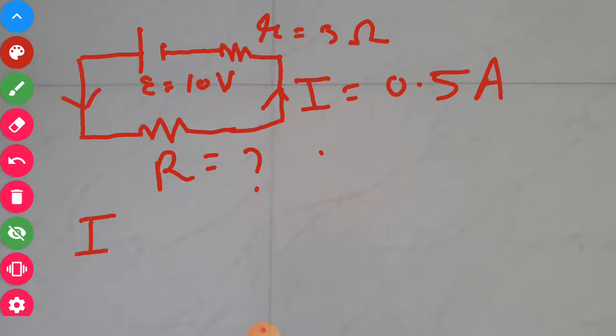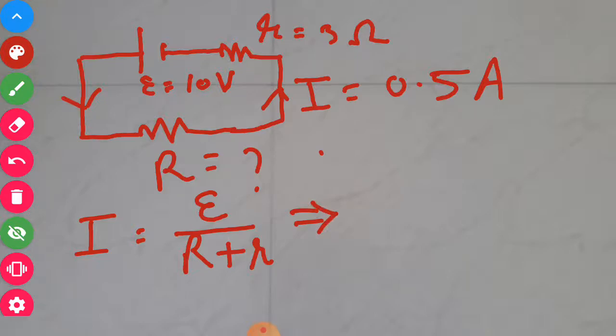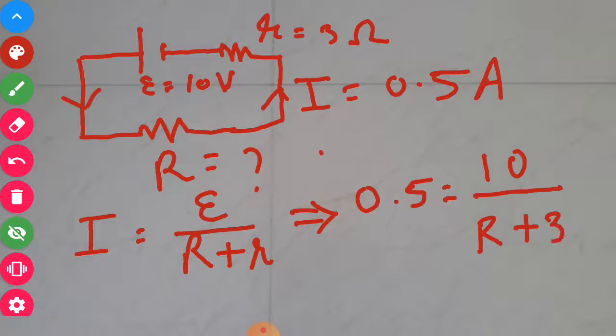According to Ohm's law, I is equal to total voltage which is applied, that is EMF, upon the total resistance of the circuit. So now you can easily calculate this. Value of I is given 0.5 is equal to E is given 10 upon R plus 3.